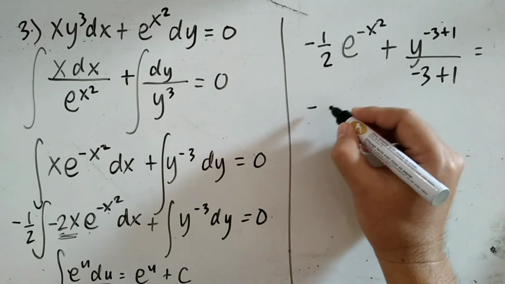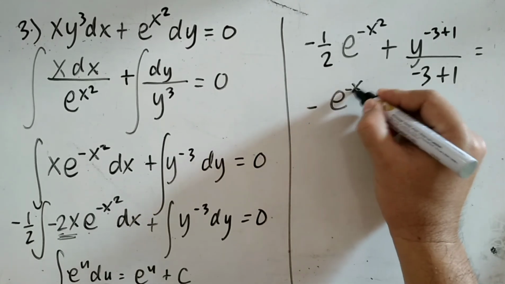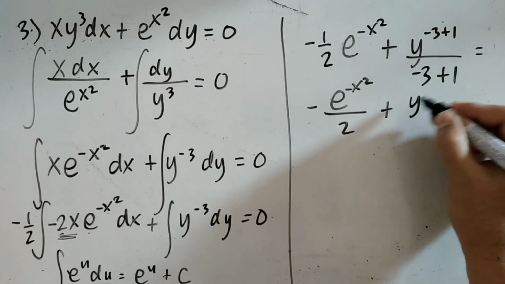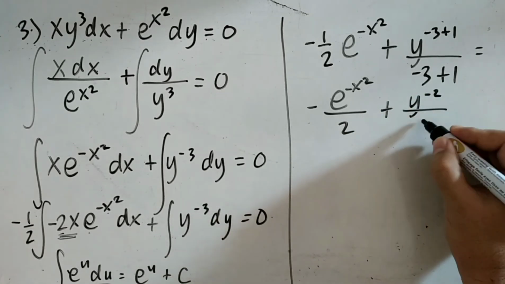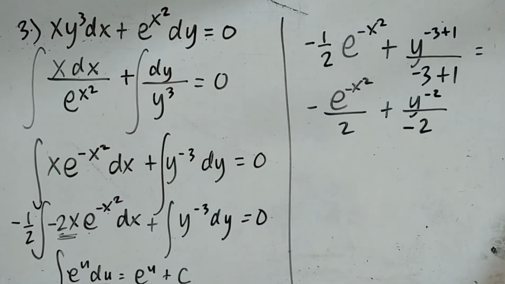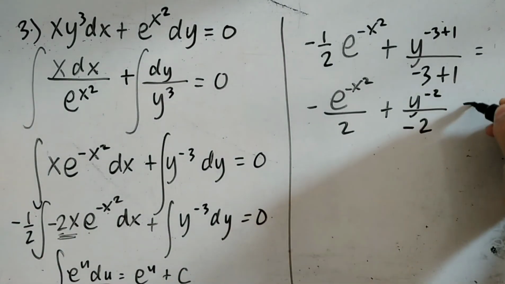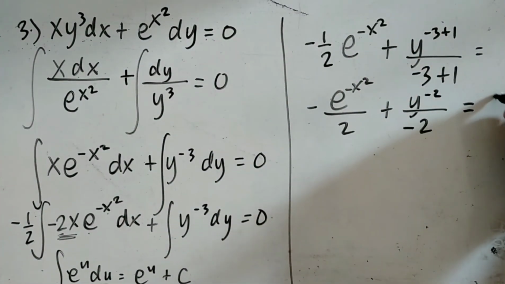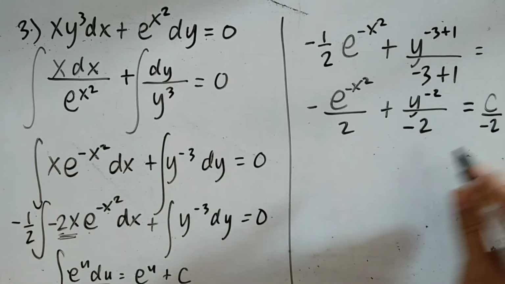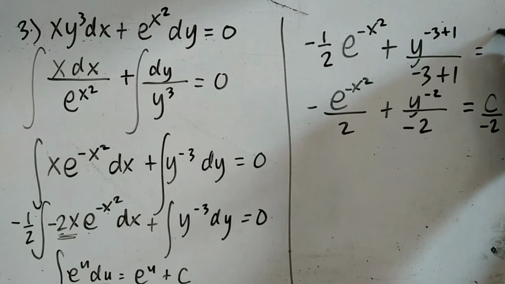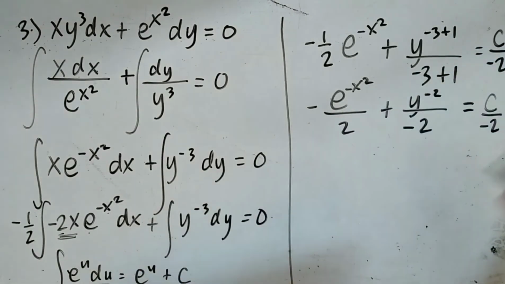So we have negative e to the negative x squared over 2 plus we have y to the power of negative 2 over negative 2. Okay? So, instead of just placing our c here, we can place here c over negative 2 so that negative 2 will easily cancel. So, I'll place here c over negative 2.